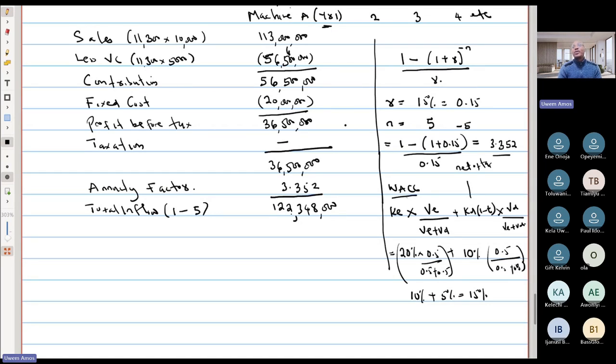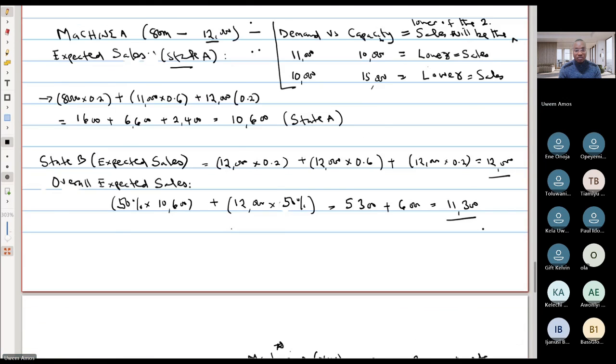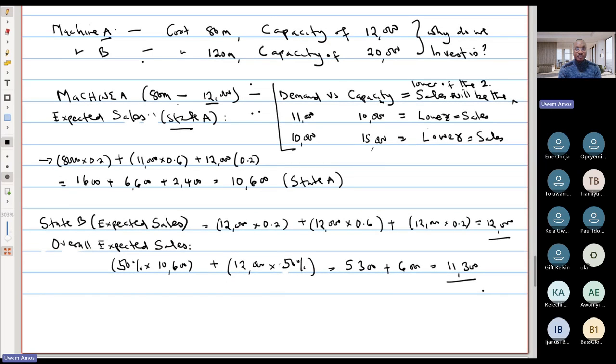But machine 1 will cost us money. How much will it cost us to purchase machine 1 or machine A? We call it machine A. Okay, so it's going to cost us 80 million.